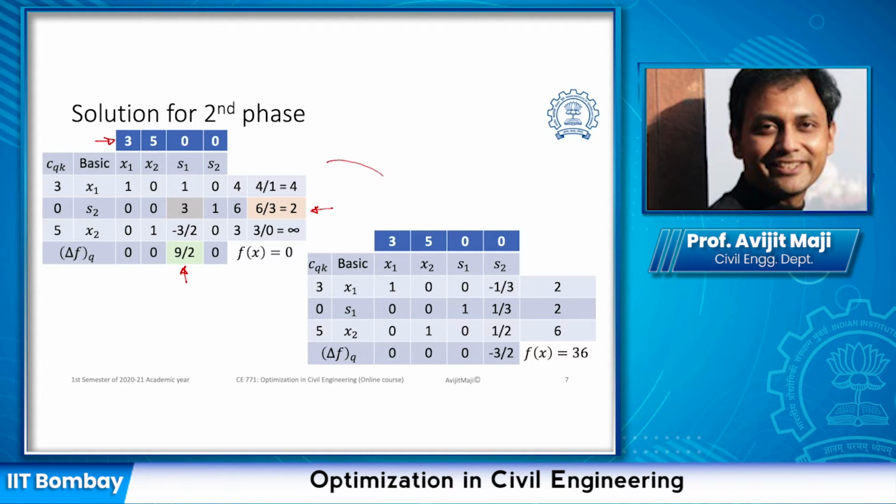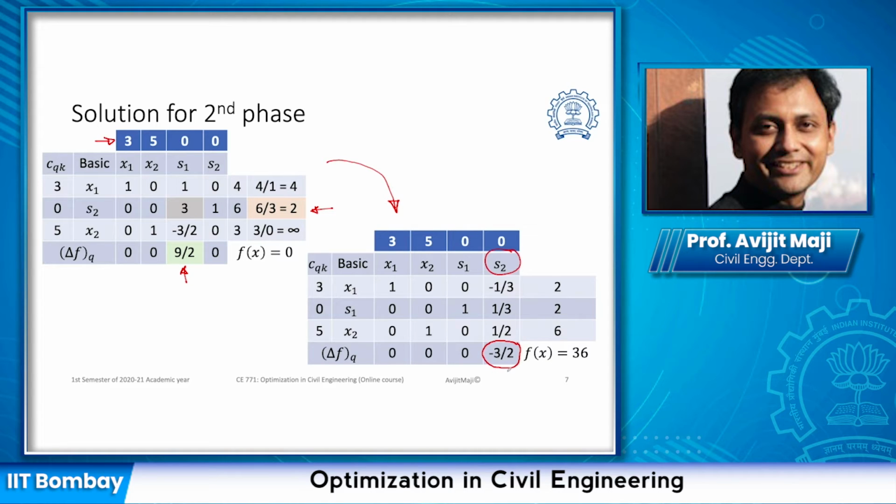Once we revise the tableau after replacement, we find that the del fq for all the non-basic variables are either 0 or negative value, and hence we are not going to process any further. So in this case we see that the only non-basic variable which we have is S2 and the value is negative 3/2.